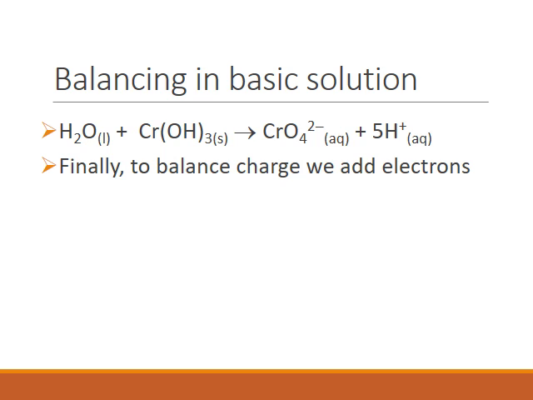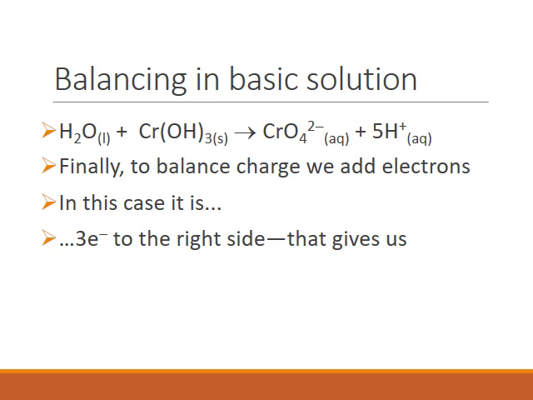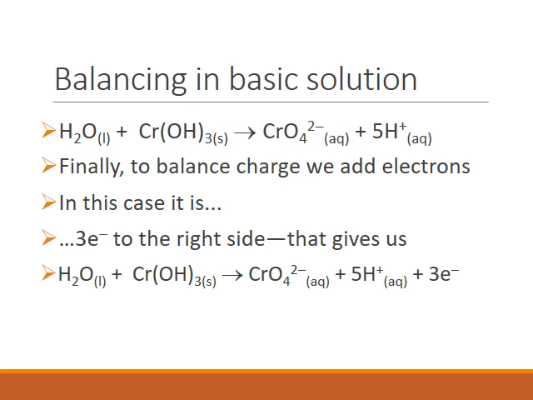We need to add electrons. The left-hand side is neutral. The right-hand side has a -2 plus 5 has a +3 charge. So we're going to add 3 electrons to the right-hand side to balance charges on both sides. That gives us this equation.